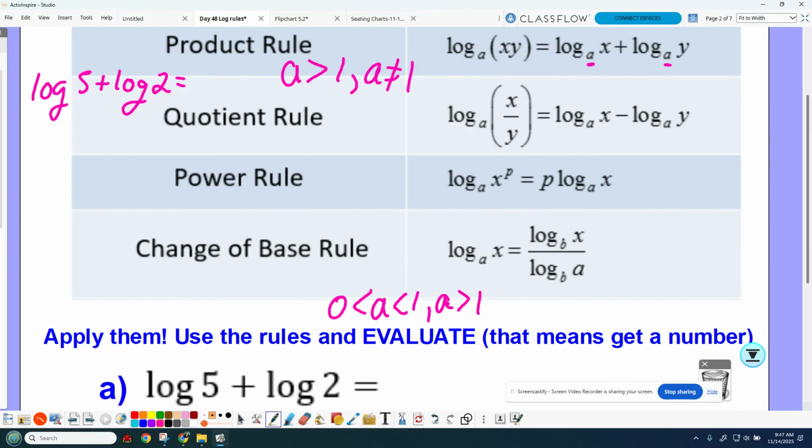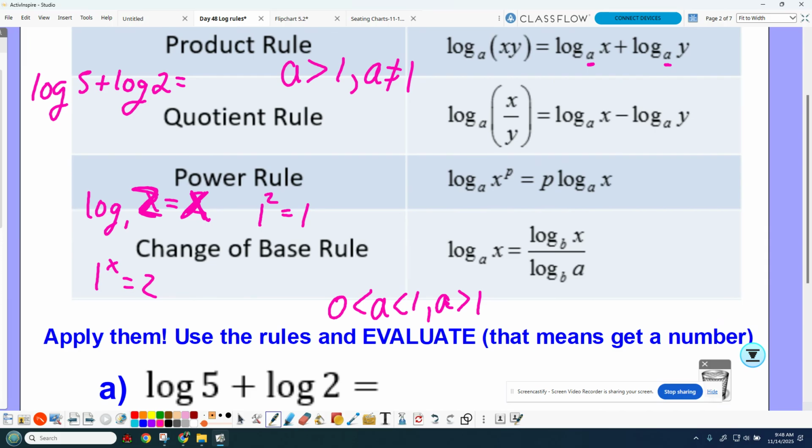Why not 1? Well, if I said log base 1 of x equals, I'm going to pick a number, 2. Okay, that one works. But if I put the 2 here, when does 1 to the x equal 2?